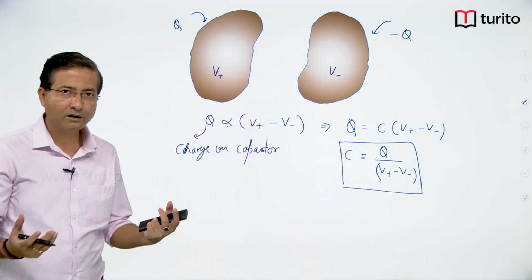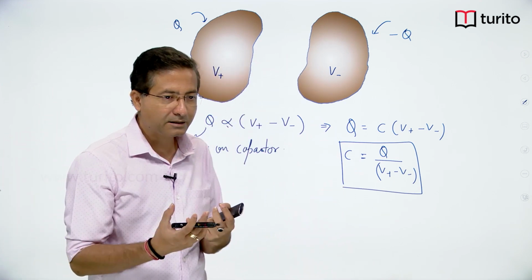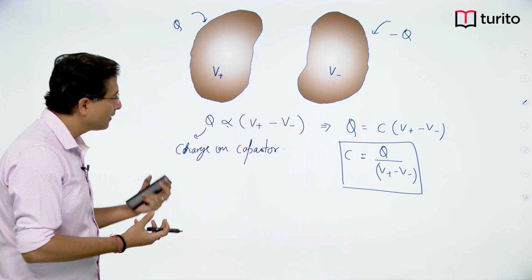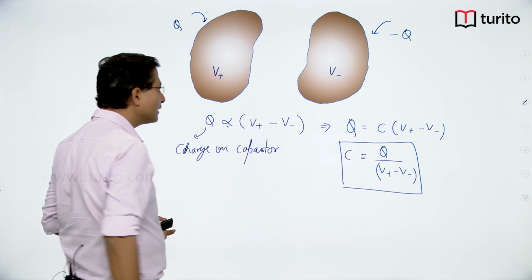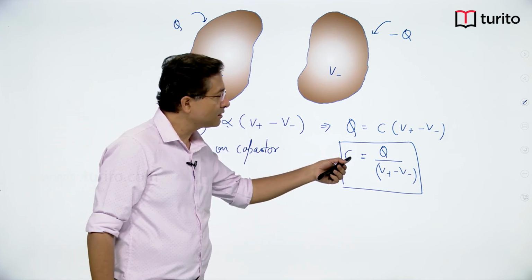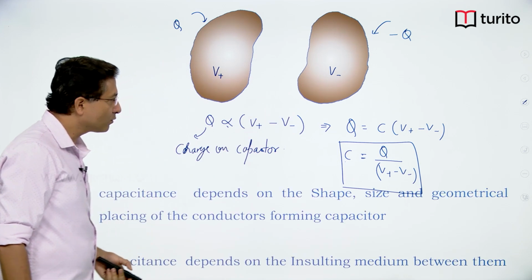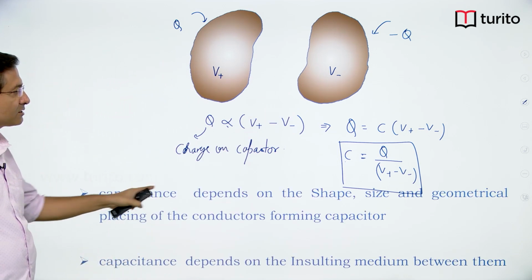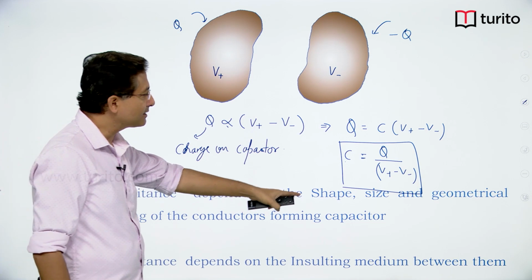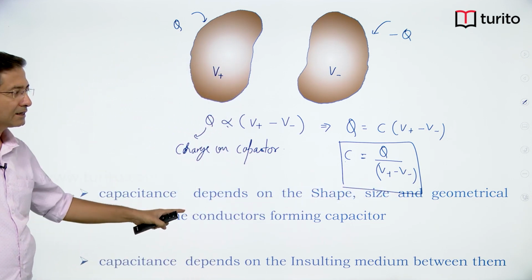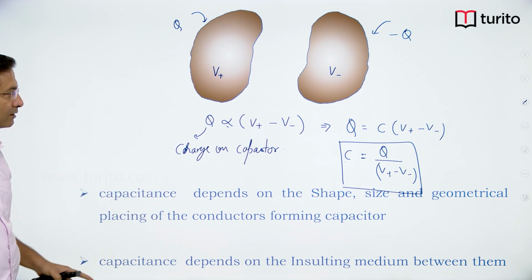So, we will take two conductors placed at a finite distance, and we will calculate the capacitance of the arrangement like what we have done here. And the value of this capacitance will depend on the shape and size of these conductors. So, capacitance depends on shape, size and the geometrical placing of the conductors forming the capacitor.